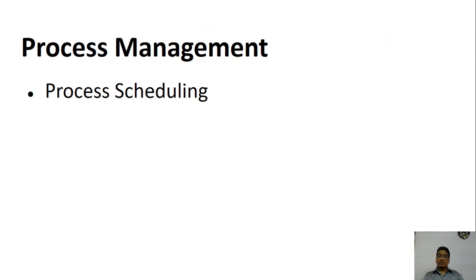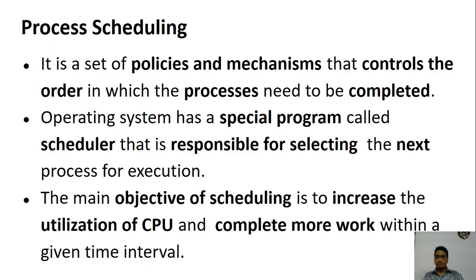So let's look at what is the meaning of process scheduling and why process scheduling is required in the operating system. Before we venture into process scheduling, let's look at what is the meaning of saying scheduling. So we know that our timetable will schedule our classes.